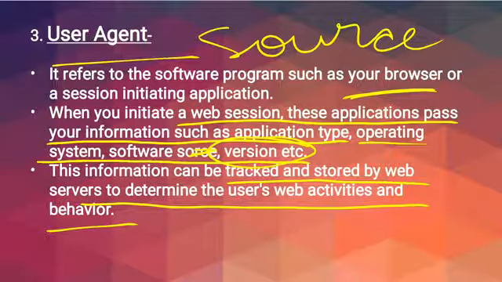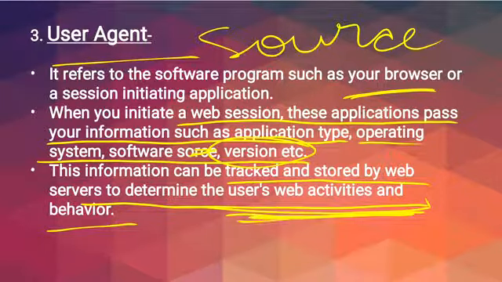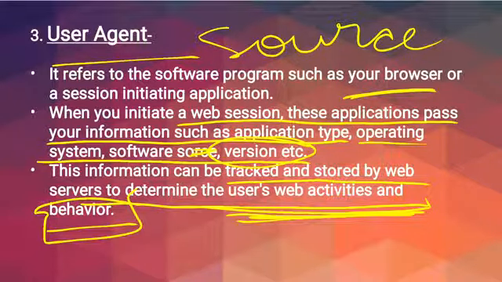All the details, like application type, the operating system, the software and the version you are using, are saved on the web server, and when you open that again, it will open easily. When you do this, your data and web activities are saved onto the internet, and your behavior is also saved to the web servers.